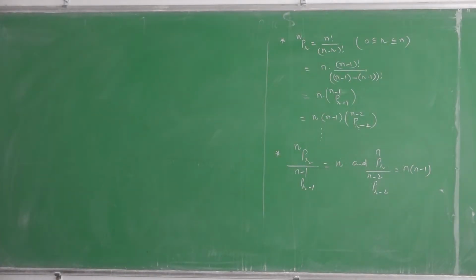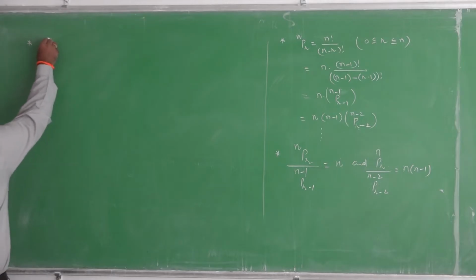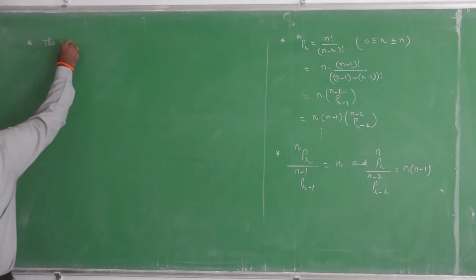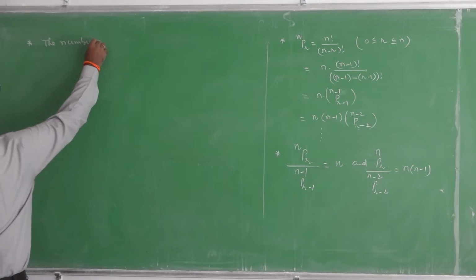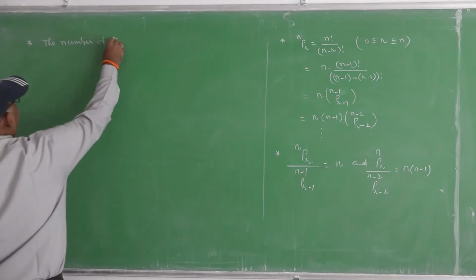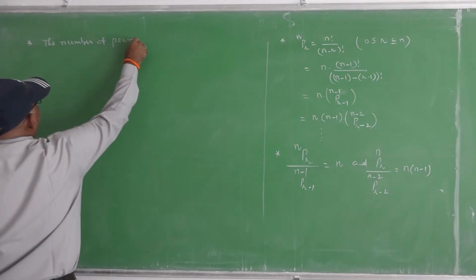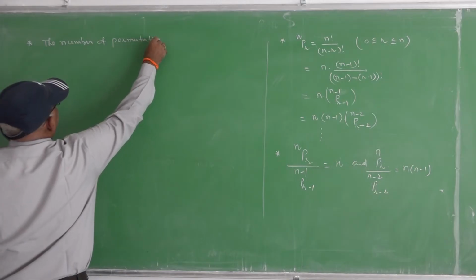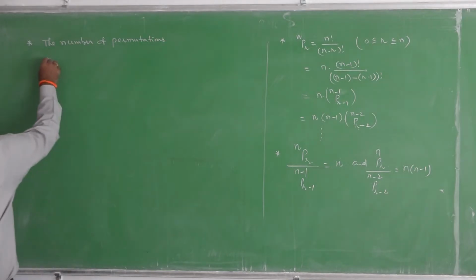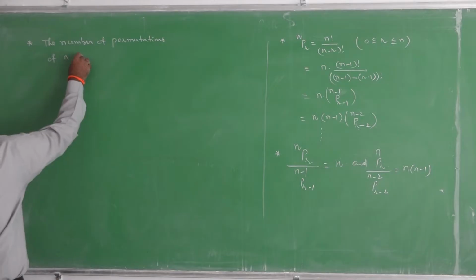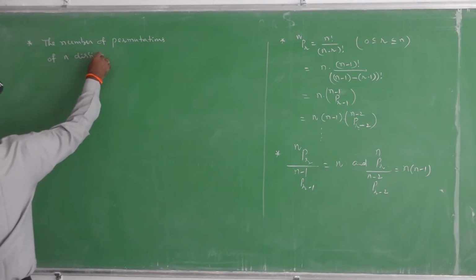Next point. The number of permutations. Permutations in the sense arrangements of n dissimilar things. Dissimilar means different.